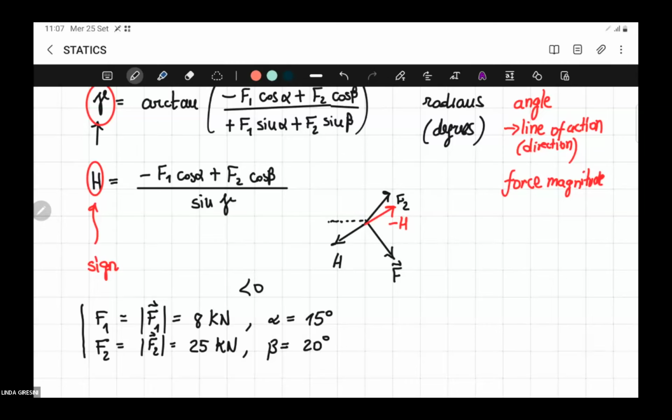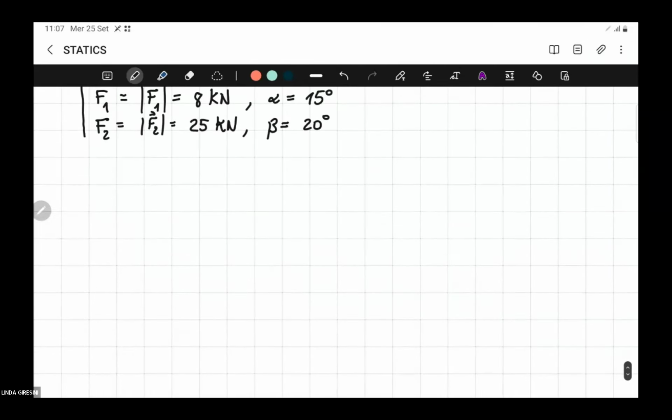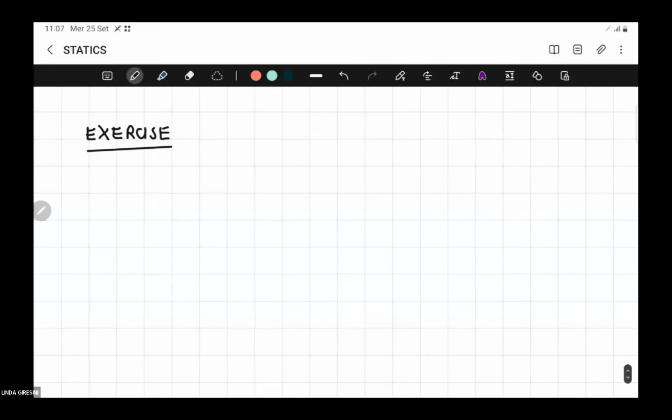You should solve it. Okay. And this will also be included in the portfolio. So the exercise is this one. You have 2 cables.